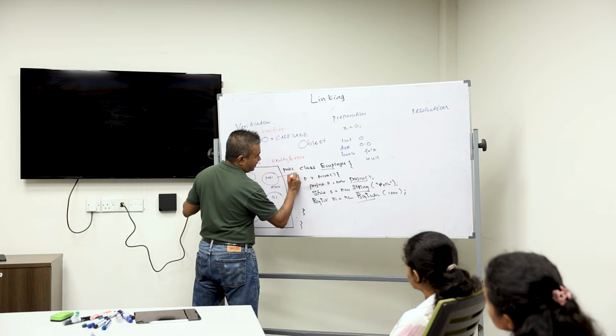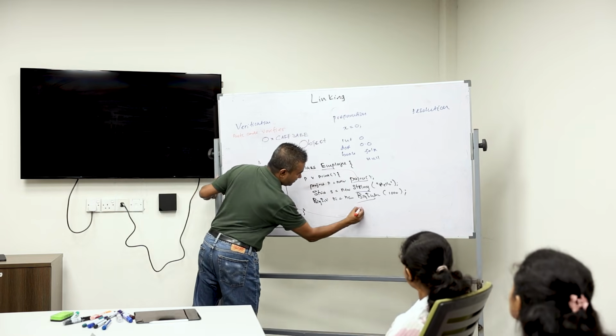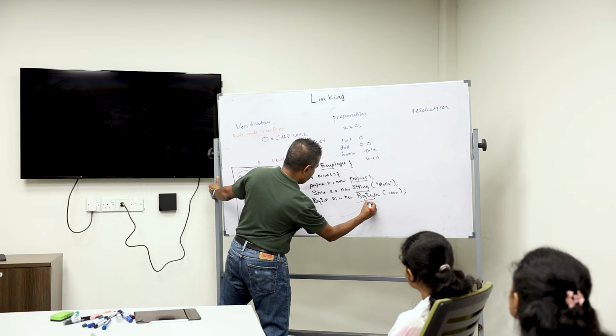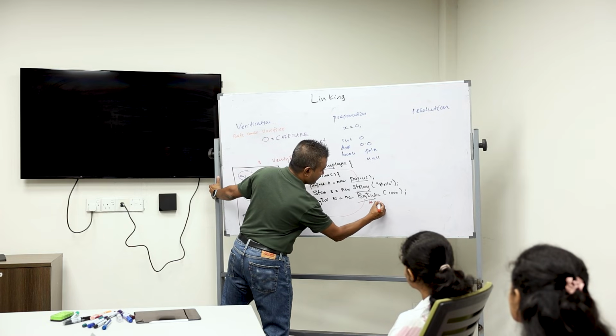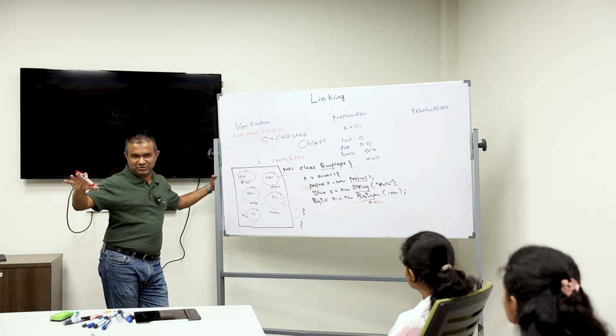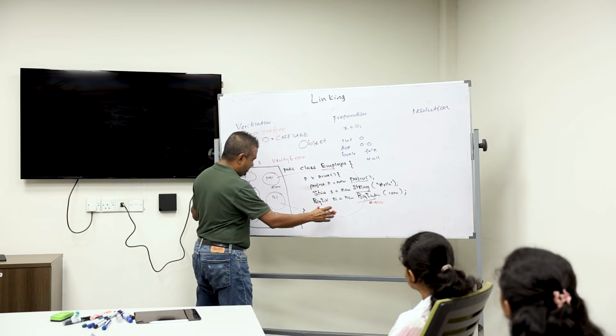So instead of that, it will say memory address 400. The address 400 is an example, but it is replacing with these references.